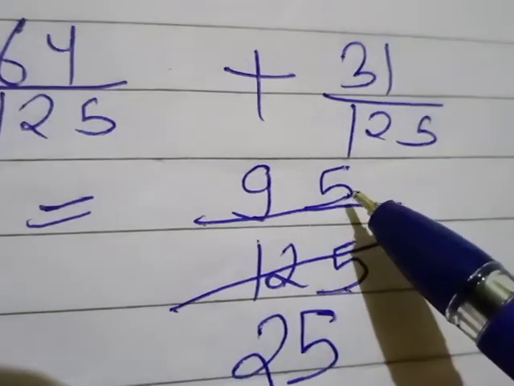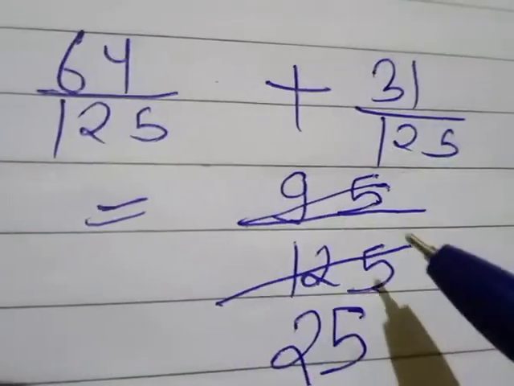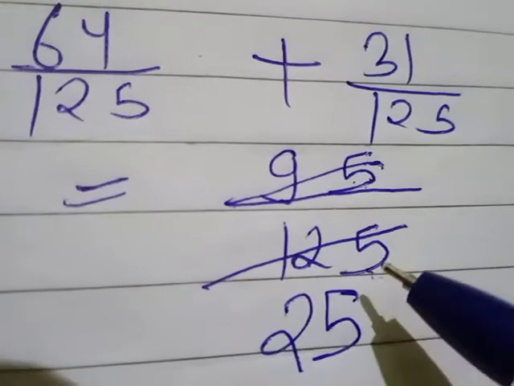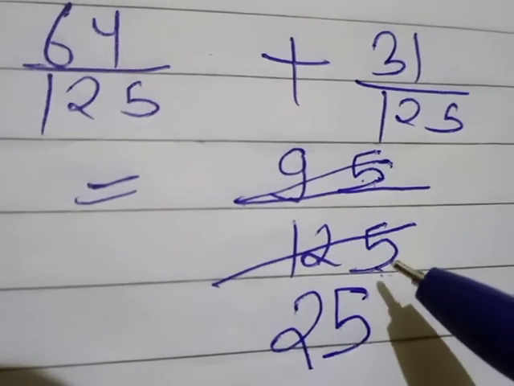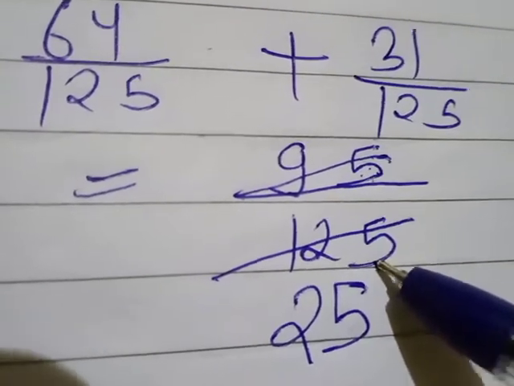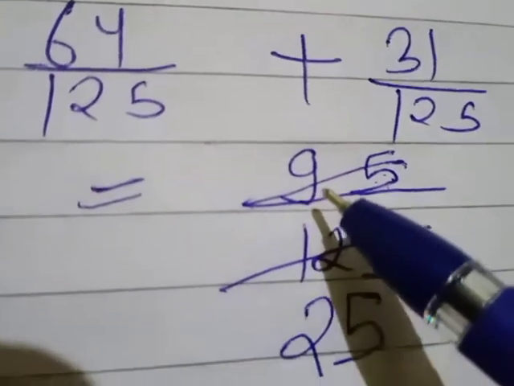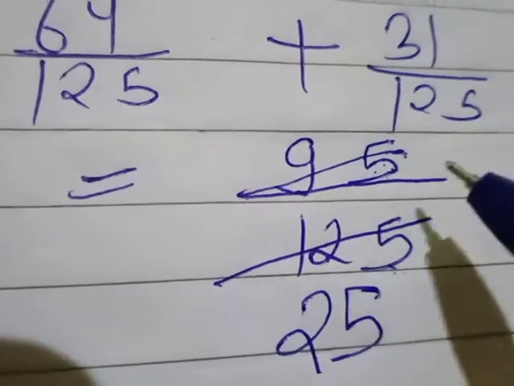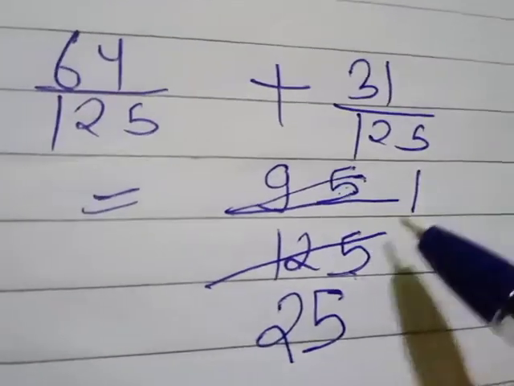Similarly, this 95 also will be reduced in the table of 5. Keep in mind, both the numbers, numerator and denominator, are to be reduced in any one table only. So again, in the table of 5, 9 will not come, but 5 ones are 5, na? So we will write here 1. Okay.